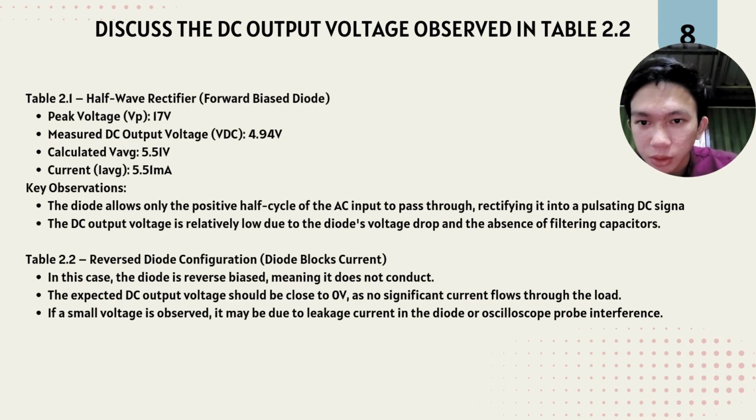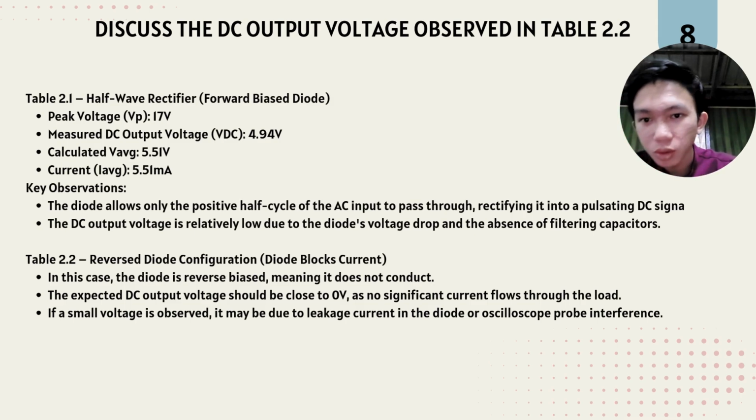So the key observation is the diode allows only the positive half cycle of the AC input to pass through, rectifying it into a pulsating DC signal. The DC output voltage is relatively low due to diode voltage drop and the absence of a filtering capacitor.